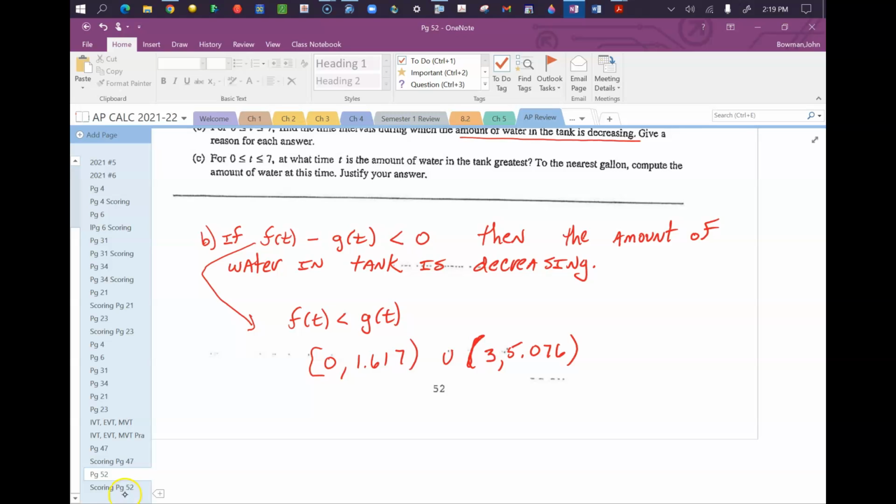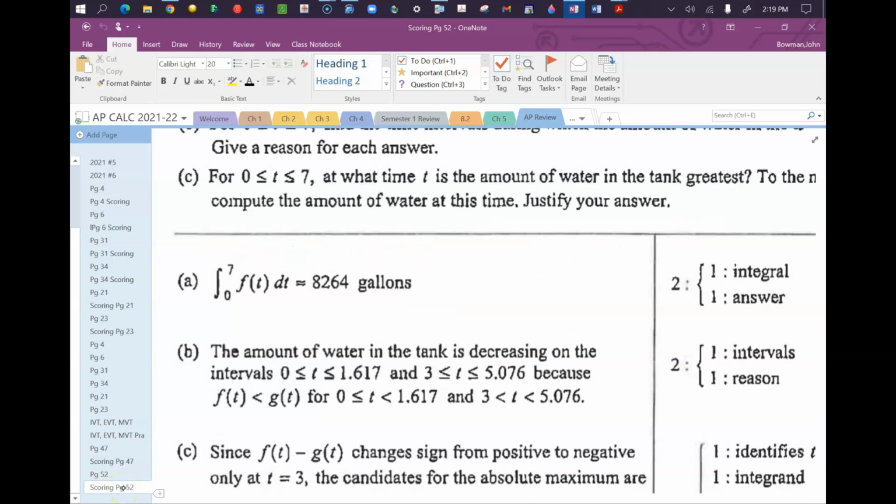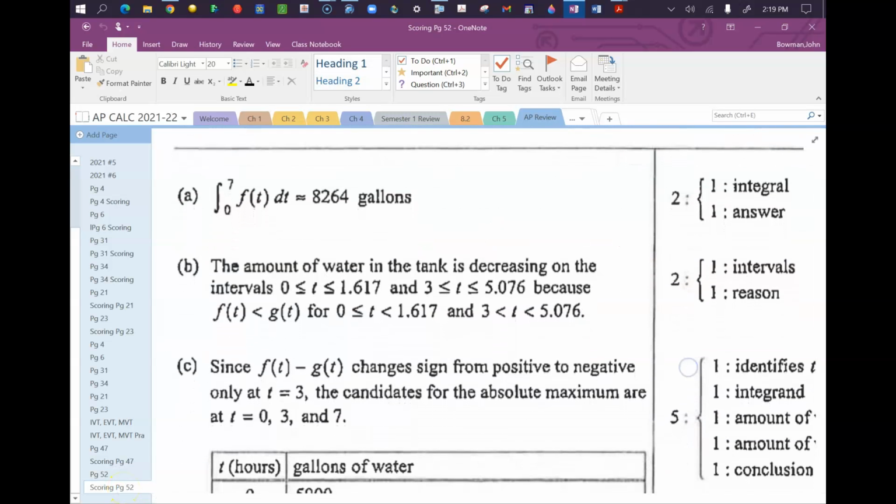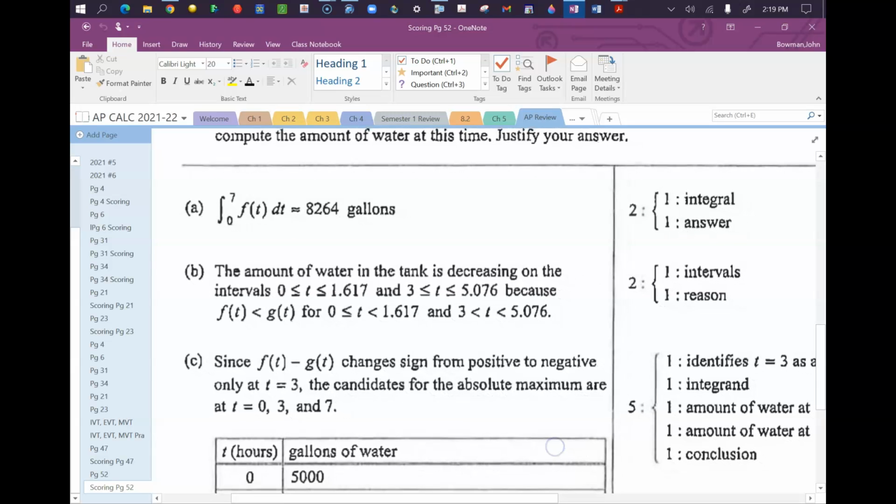Let's take a look at the scoring of that. The amount of water in the tank is decreasing on the interval from 0 to 1.617. Interestingly, they included the endpoints here. You definitely need to include the endpoint of 0. At 1.617, they're actually equal to each other.